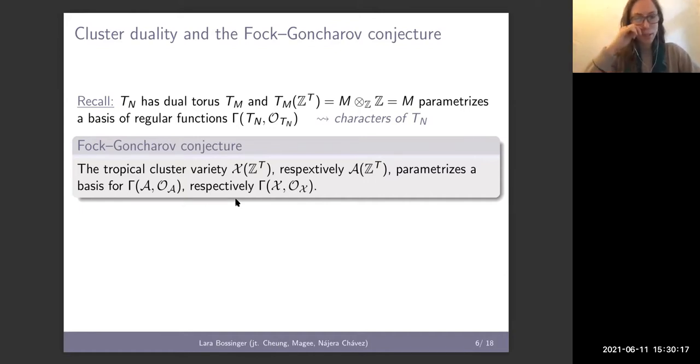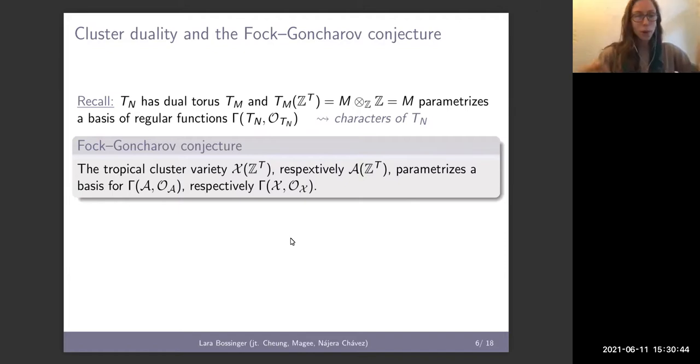The examples I mentioned, the Grassmannians and the flag varieties, all of them contain an A-type cluster variety that has, for example, this property that all the cluster variables, the coordinates of the tori, are Laurent polynomials in the initial choice of coordinates. That makes them more approachable, say.